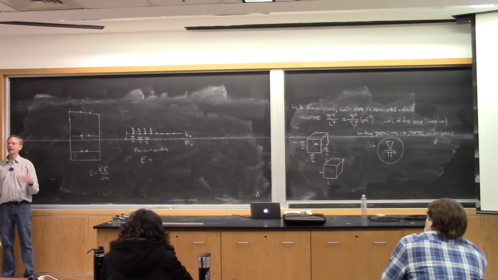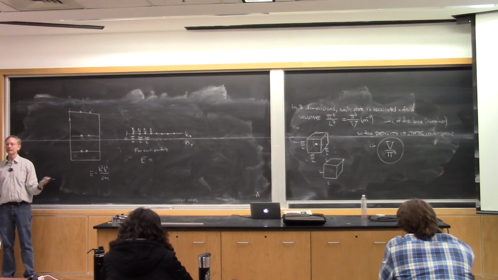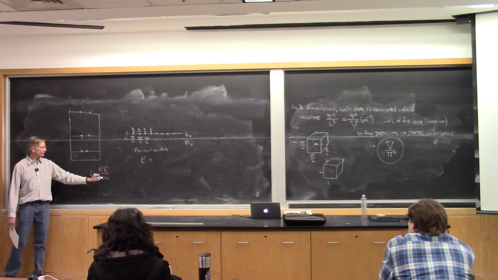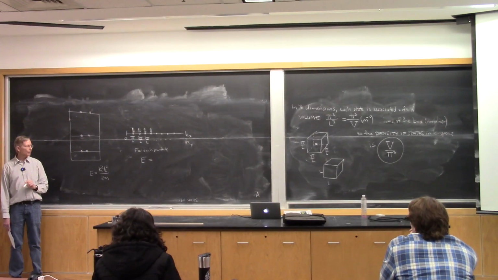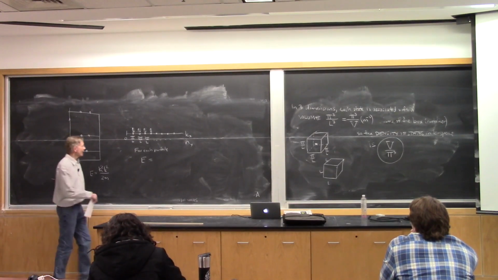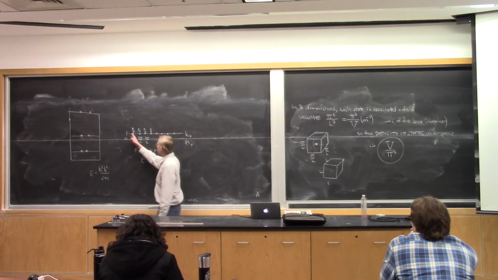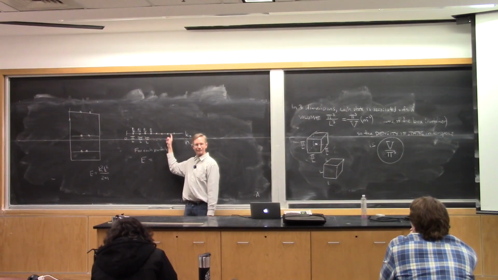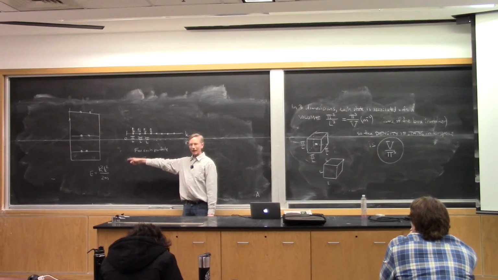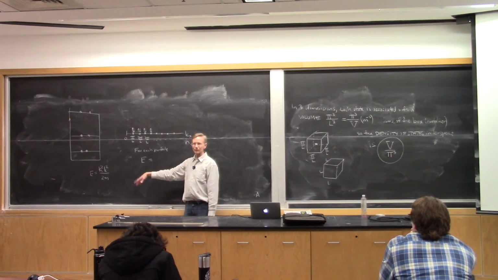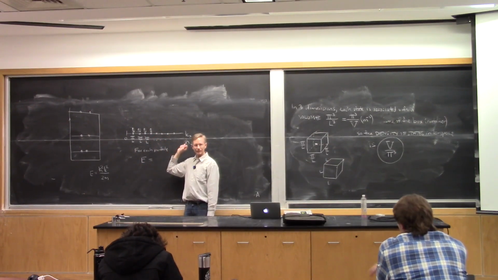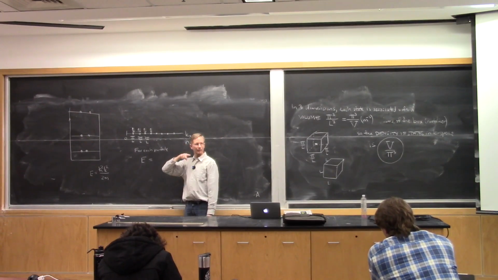H bar K is like the momentum, P squared over 2m, because it's only got kinetic energy. So the energies are directly related to how far I am from the origin of K space. It's the square of how far I am from the origin that determines the energy, once you multiply by h bar squared over 2m.